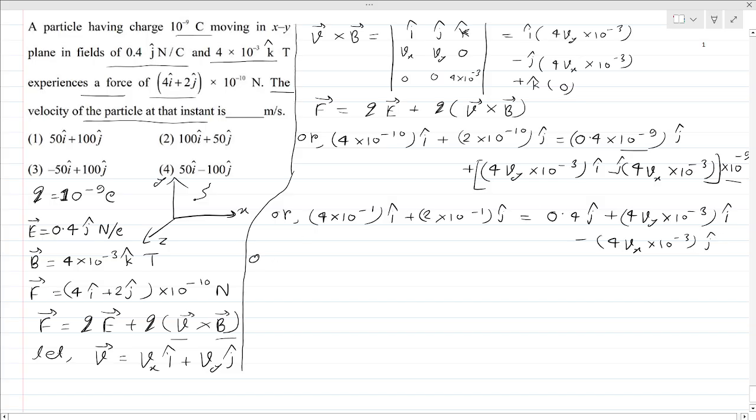Now it's simple, just compare the I cap and j cap from both sides. Then what can we get? Let's see.